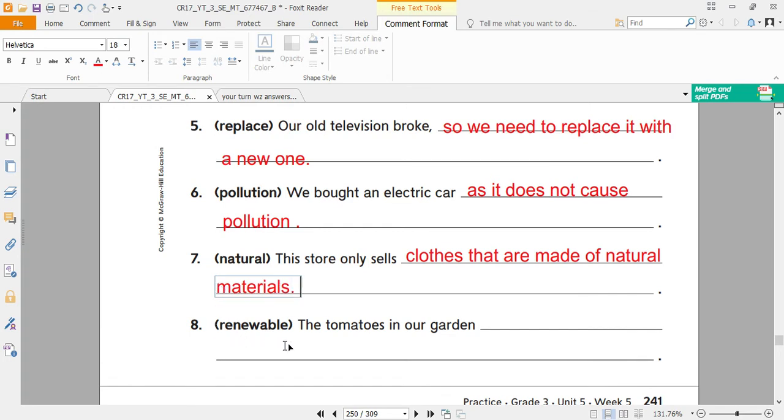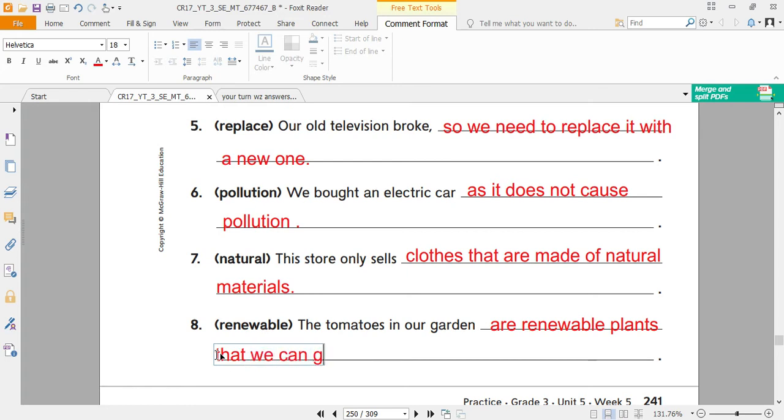The last sentence, we have to use the adjective renewable. The tomatoes in our garden are renewable. Yes, renewable sources of food. We can grow them each year. Are renewable plants that we can grow them every year.